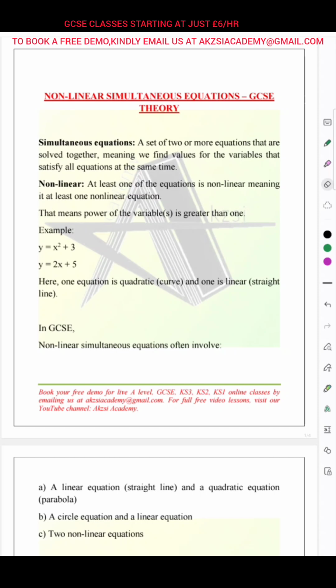I'll explain that in a whole different section. This is the basic one that you have to understand: there is a curve, there's a straight line, and simultaneous equations mean they both share the same values of the variables. That means graphically where they are intersecting, because that's the only point where they have common points.